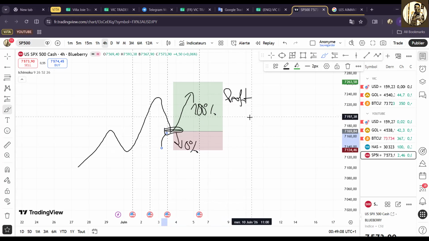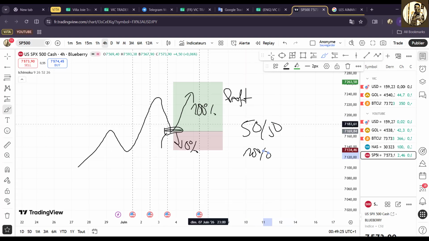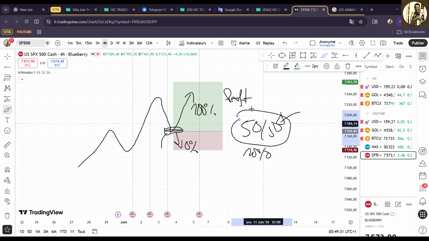That's why I always say that trading is not a 50-50 game. It is a 100% game. It's not a 50%, 50% game. Those who say this is because they don't know how to trade, by the way. They are too biased.